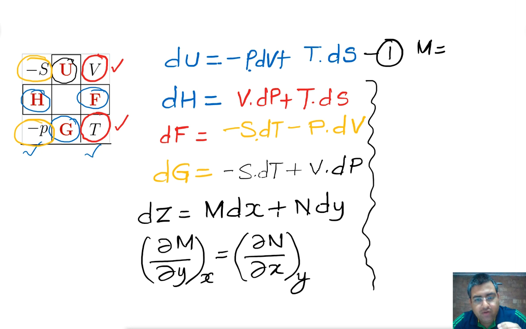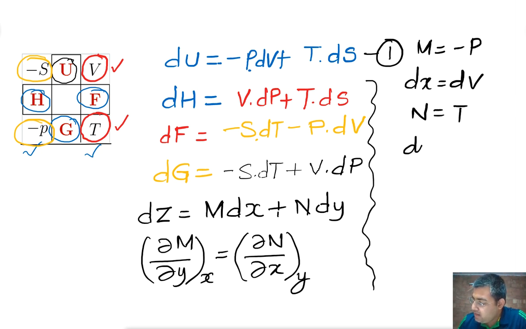Okay, so you have to compare these two equations. When you compare them, m will be equal to minus p, dx will be equal to dv, n will be equal to t, and dy will be equal to ds. So now in order to satisfy the exact differential equation condition, dou m by dou y for constant x should be equal to dou n by dou x for constant y.